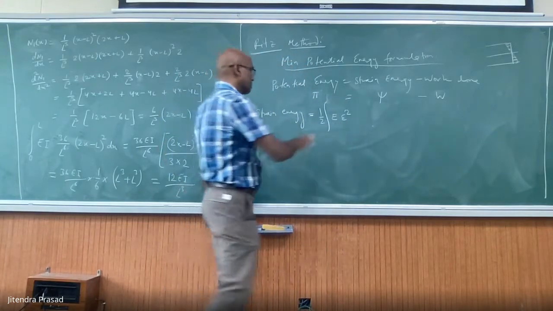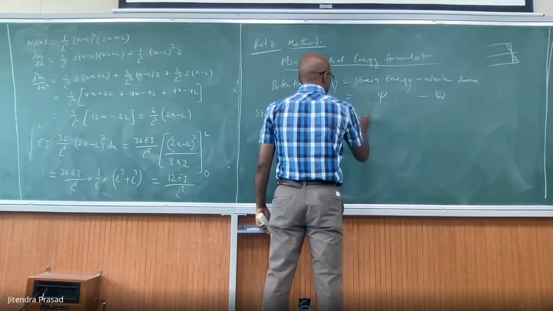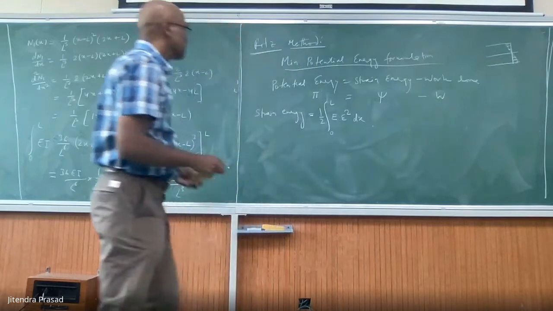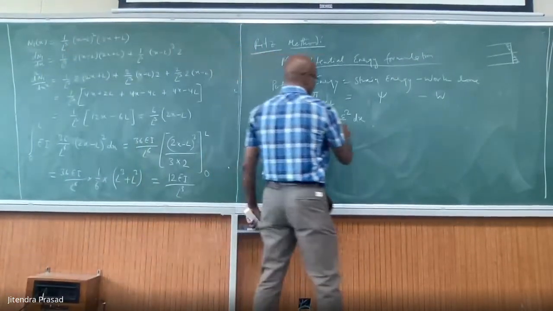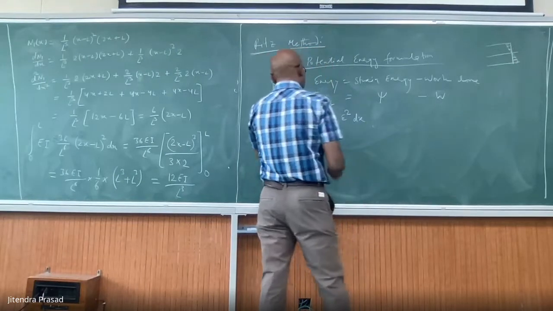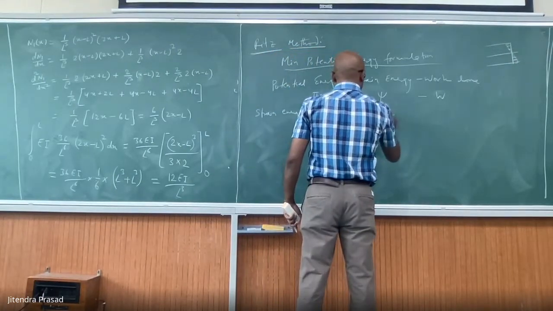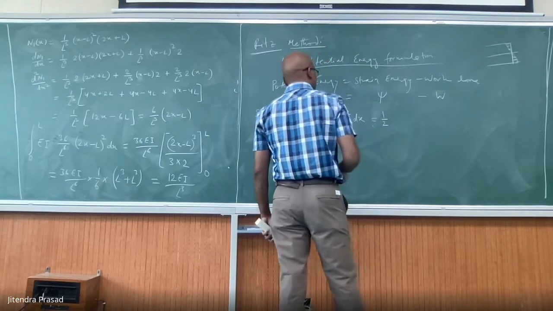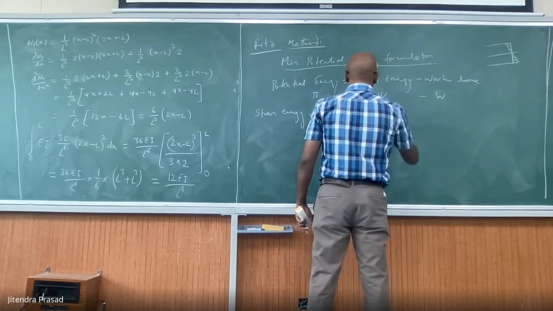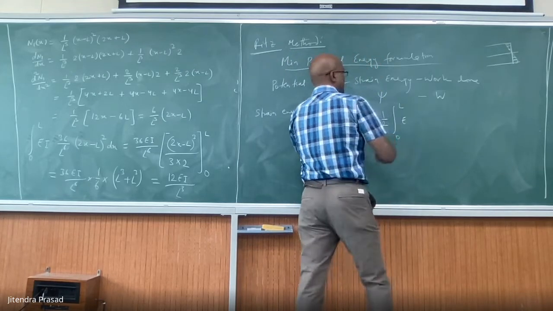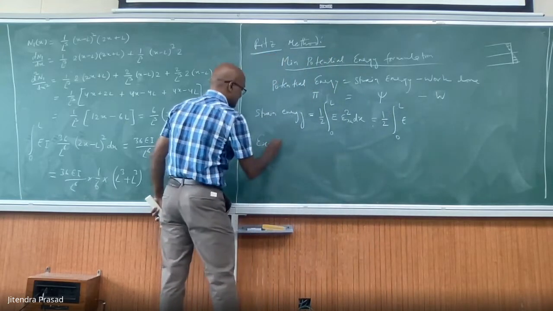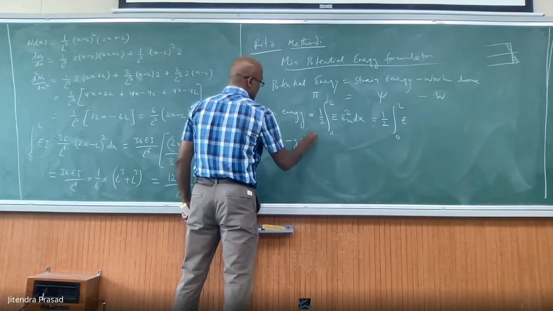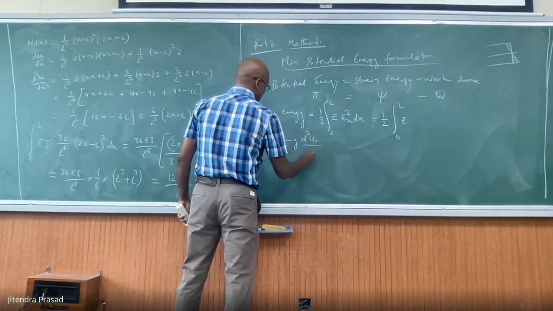And for that you write 0 to L, so whatever this strain means, this strain energy is equal to, so strain is the x direction, epsilon xx, so half integral 0 to L E, and epsilon xx is given, right? You remember what is that? Minus y d square y over dx square.